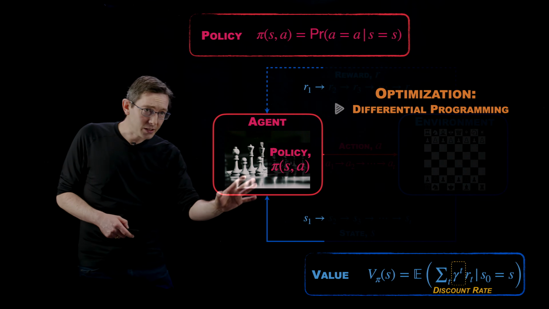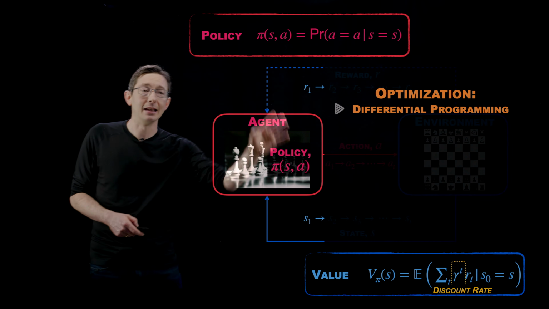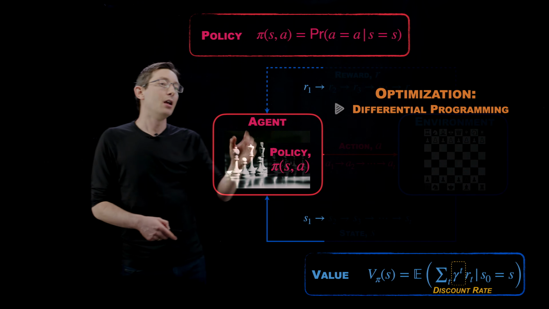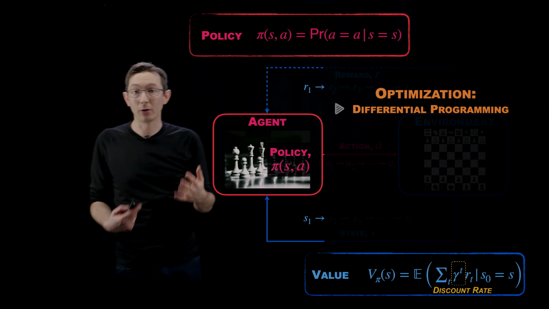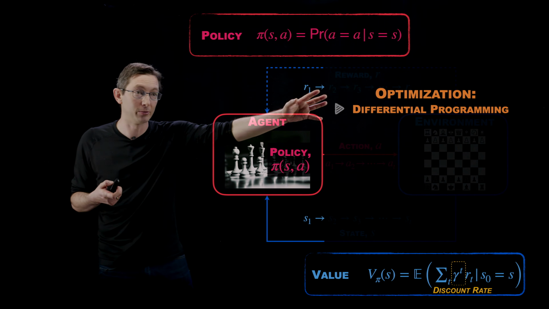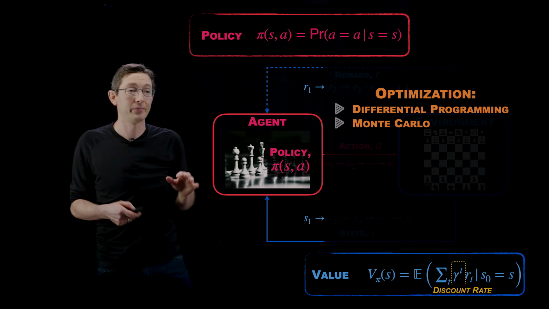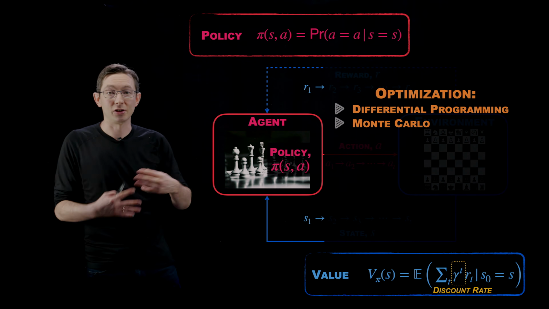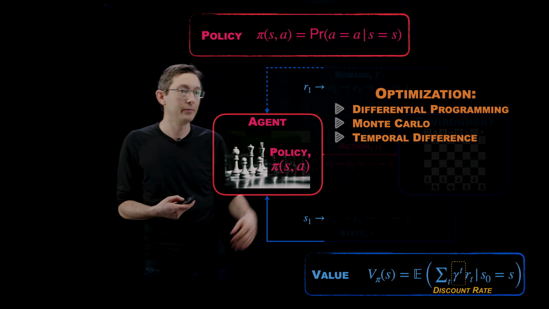To optimize this policy S and A, given measurements of your rewards, given this sporadic feedback, there are lots of strategies. So there's differential programming. Reinforcement learning and game theory kind of grew up together, and differential programming is one of the optimization techniques. Monte Carlo is an old strategy for optimizing these policies: just try a bunch of stuff, kind of randomly.